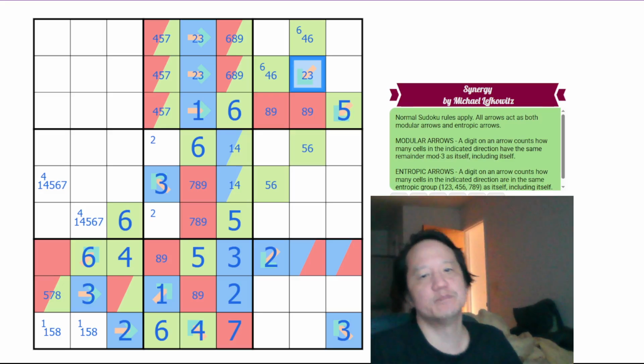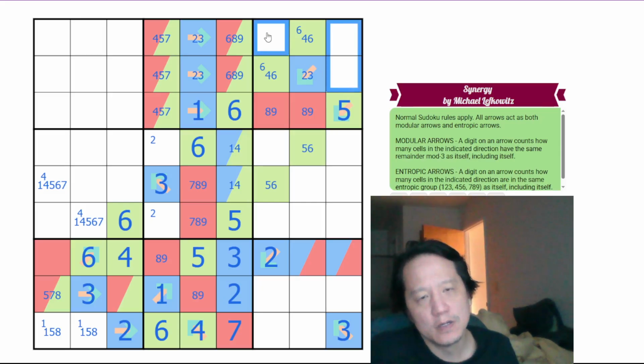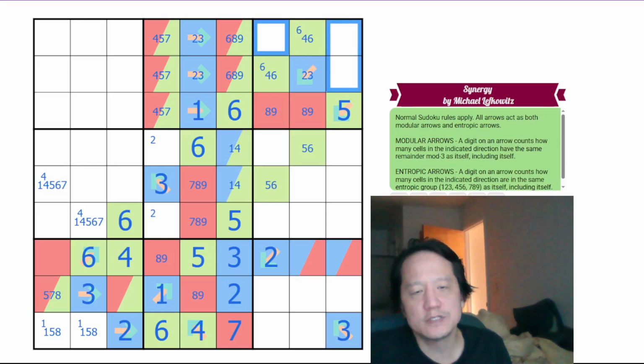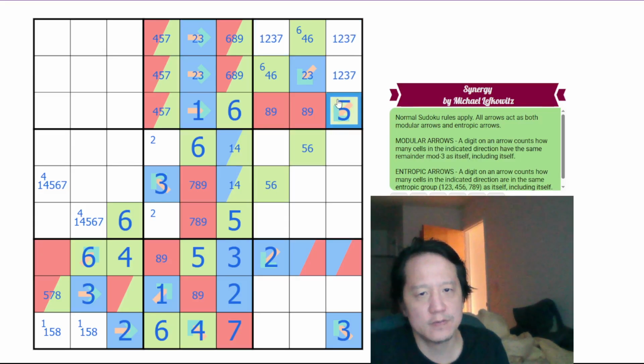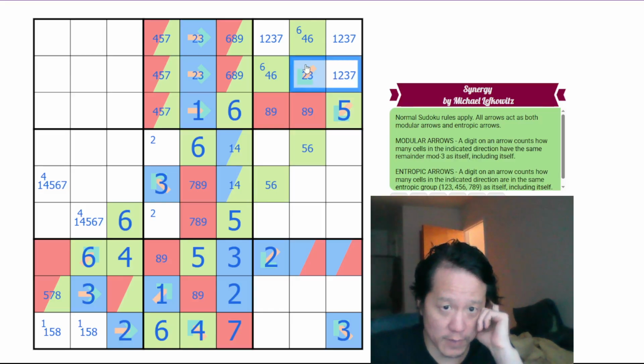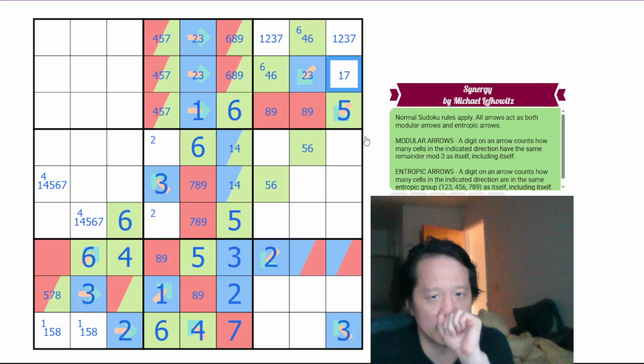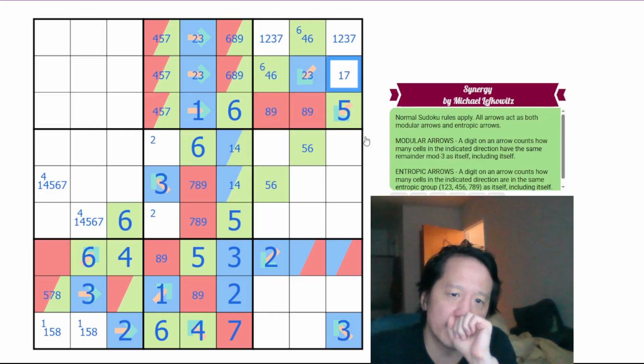Remaining digits in this box then have to be 1, 2, 3, and 7. So we have a 2, 3 pair here, which eliminates 2 and 3 in the rest of the row. So this is 1 or 7. That's fine.